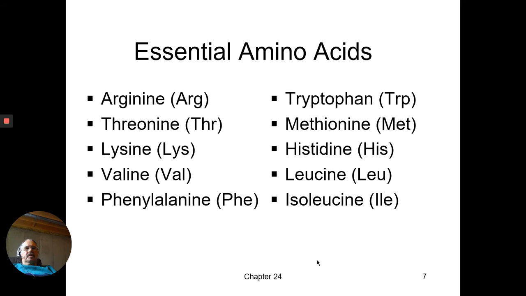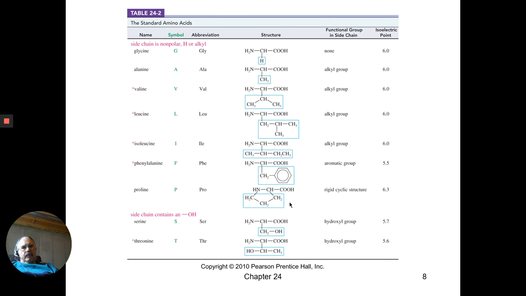The non-essential amino acids, which would be the other 10, do not indicate that we don't need them. What that means is that for the essential amino acids, these have to be taken in through the diet. In other words, our body cannot make these. Okay, the non-essential amino acids can be made by the body.